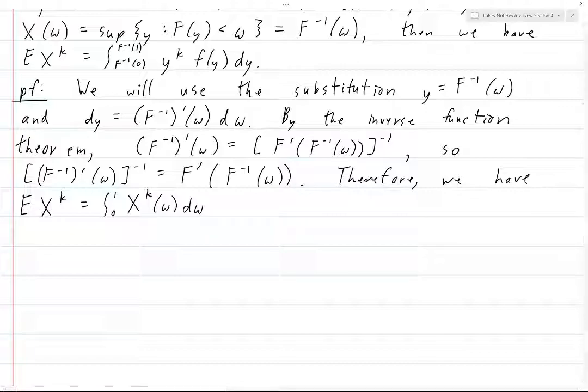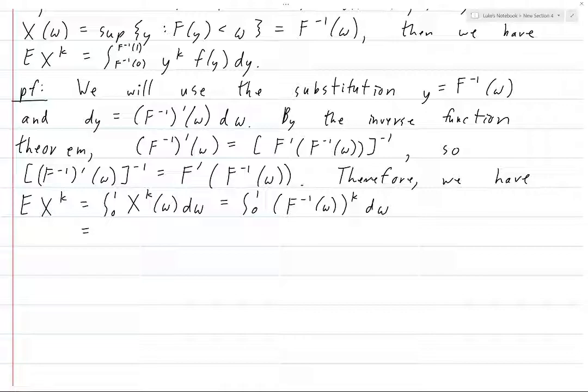Remember, X of omega equals F inverse of omega. So this is simply the integral from 0 to 1 of F inverse of omega to the power of k d omega. And now we can do our substitution, replacing F inverse of omega with y.